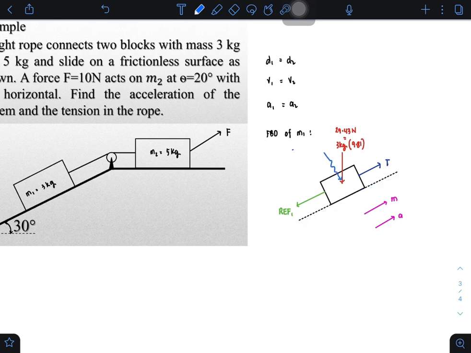So this is 29.43, and this is the angle 30. So this is 29.43 cosine 30, and here this is 29.43 sine of 30.